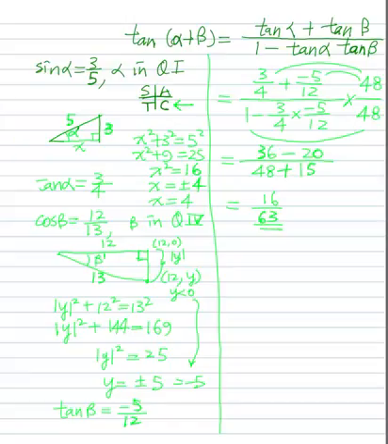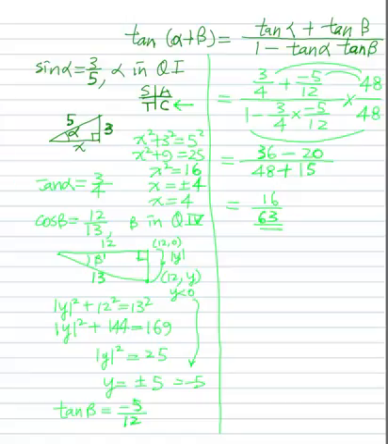We draw a right triangle with one of the angles being alpha. Sine of alpha, we can treat it as opposite over hypotenuse. So we write down 3 for the opposite side of alpha and 5 for the length of the hypotenuse. Let the base be x.